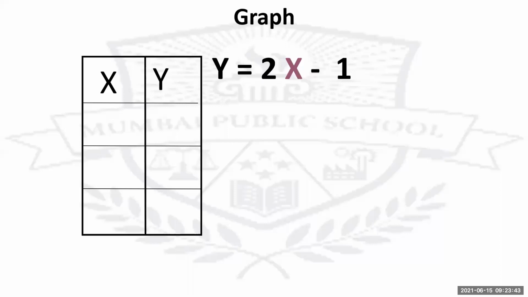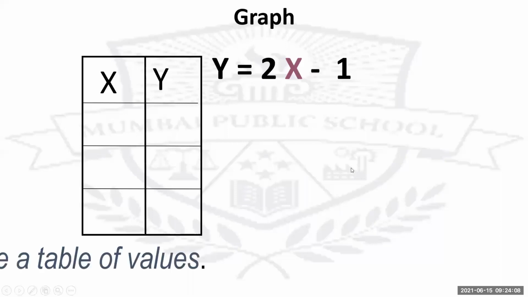This is the simplified equation. y is on one side, x is on the other side with the constants. So what you are going to do here? You are going to substitute in place of x different values which would assist you for calculations.